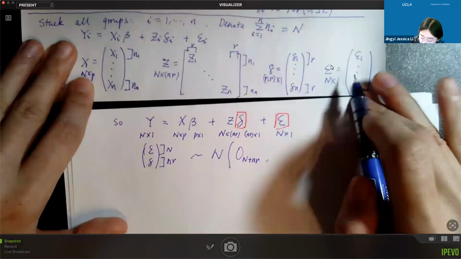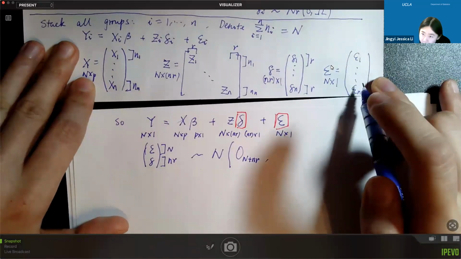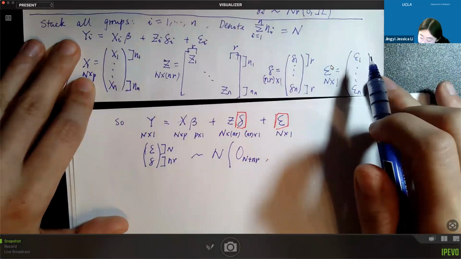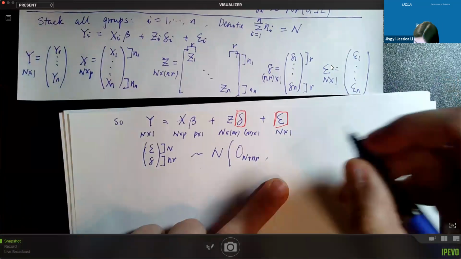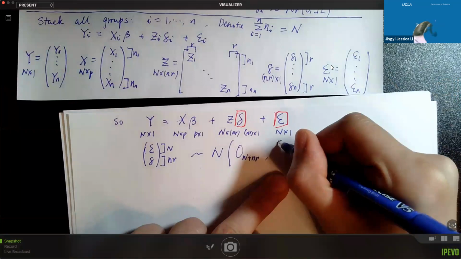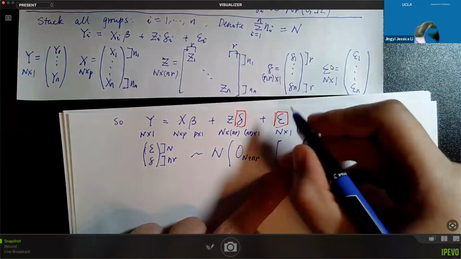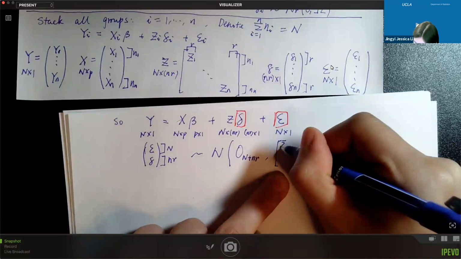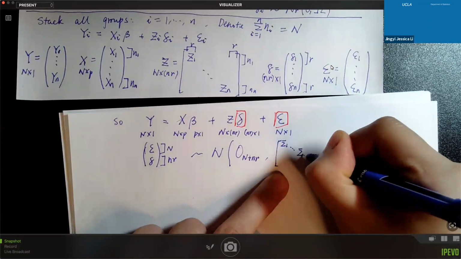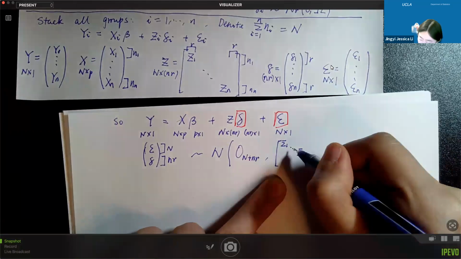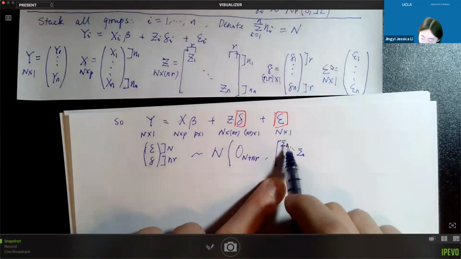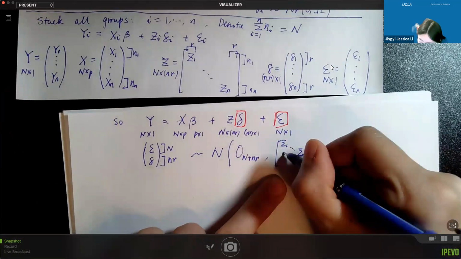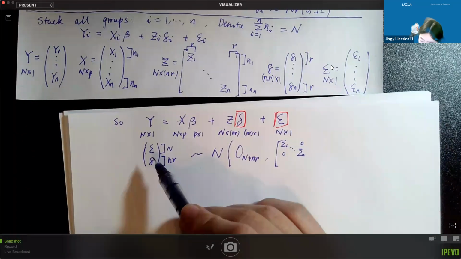So one way to write it down is to look at the definition of epsilon. It's epsilon 1 to epsilon N, and we have independence between groups. So for simplicity, we could just write it as block diagonal, with epsilon i's covariance within each group, and 0 here, 0 here. And delta, what's that?